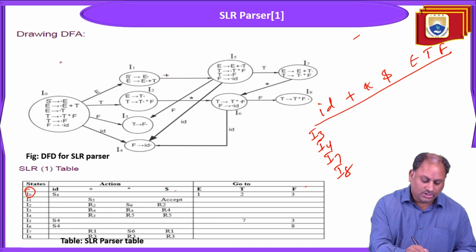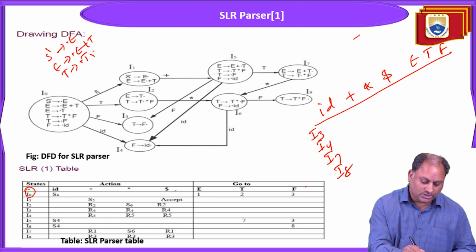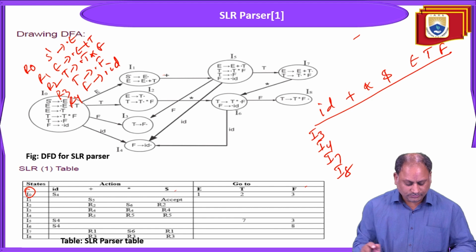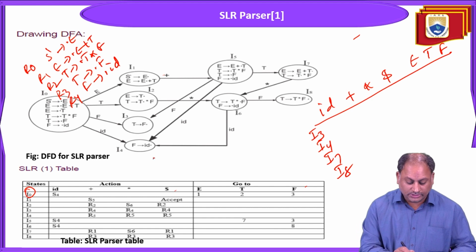For example, S dash derives dot E, E derives dot E plus T, T derives dot T star F, T derives dot F, F derives dot ID. So this is rule 0, rule 1, rule 2, rule 3, rule 4. These are the set of rules which are formed. Now, what is I3? If you consider the state I3, T derives F, which rule does that belong to?